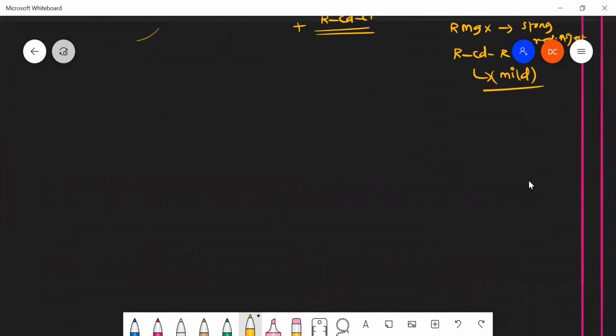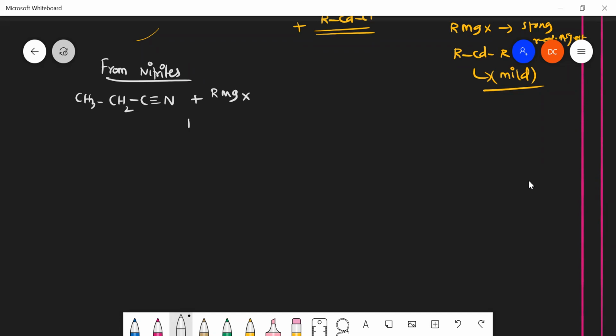And from nitrile, we already discussed this in aldehyde itself. So, for example, CH3CH2 from nitriles. Likewise, as we prepared aldehydes, we can also prepare ketones. So here, when it is reacting with Grignard reagent RMgX, we already wrote about this mechanism in the last class.